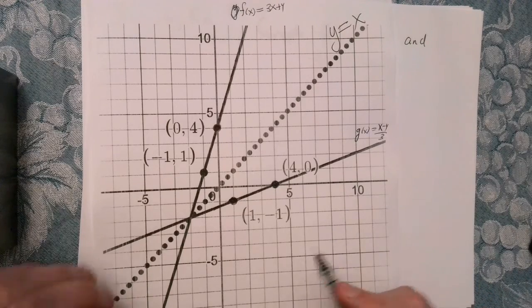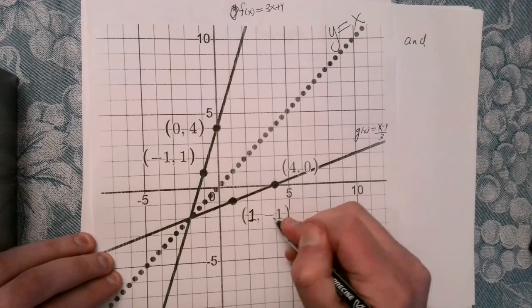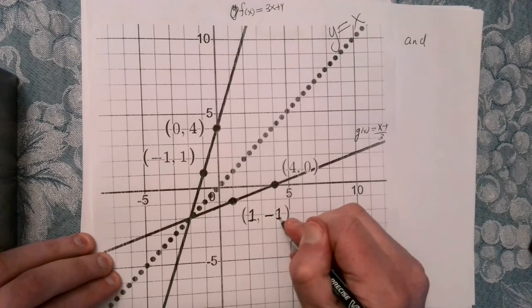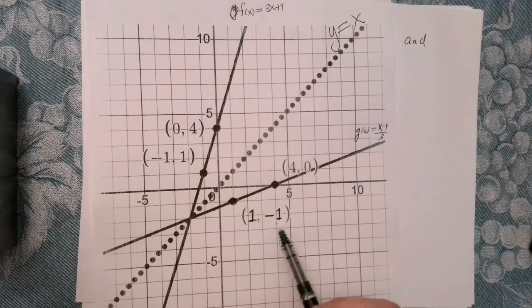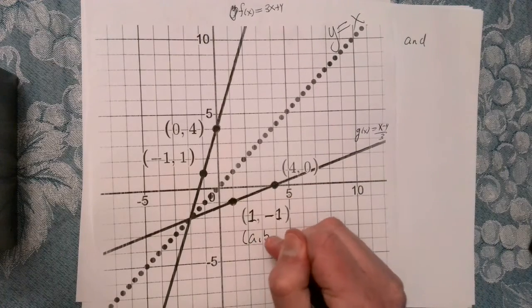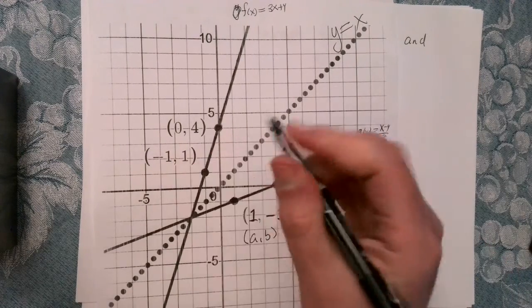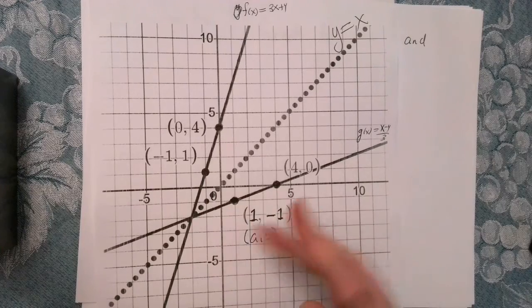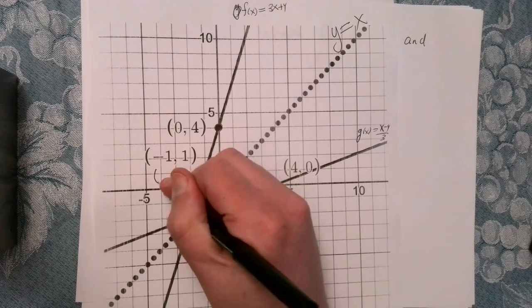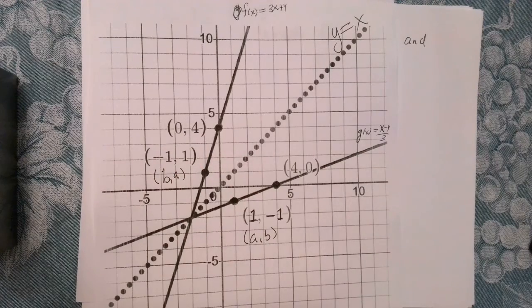Notice that if we take this point, this is (1, -1). Notice if this point (A, B) is on the graph of g, then (B, A), so switch them, is on the graph of f.